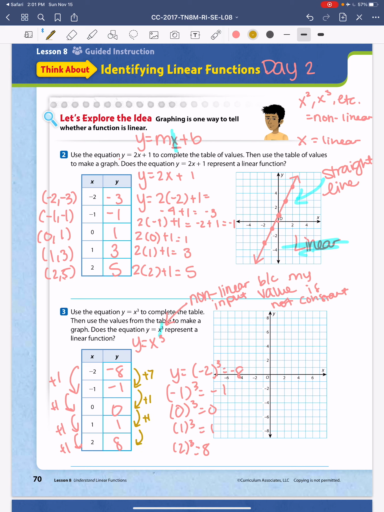And I go from 1 to 8, and I increased it by 7. There is no constant rate of change. That's what I'm talking about. So there is no constant rate of change. And then I can go ahead and further prove that by, let me make that smaller.